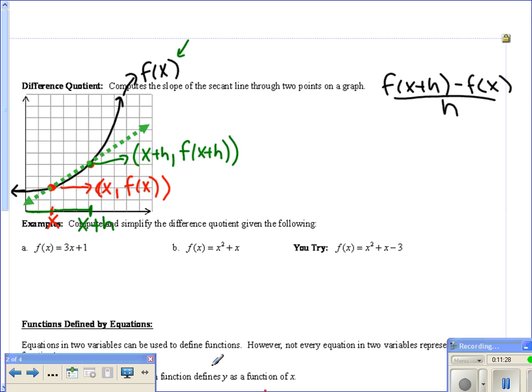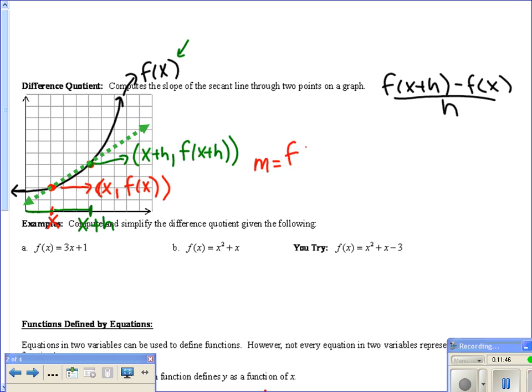Well, we have the 2 points. Remember, how do you find slope? y2 minus y1 over x2 minus x1, but in this case, we're using x plus h and f of x plus h, and x and f of x. So if I want to find the slope through those 2 points, we would just use our formula.